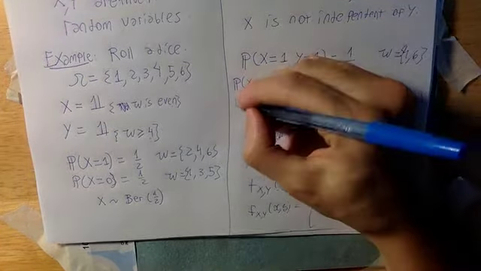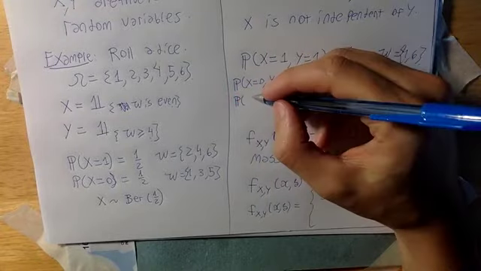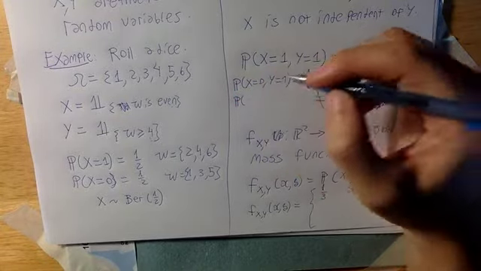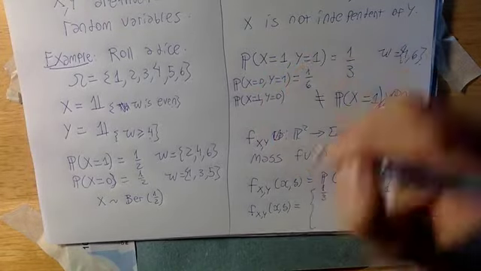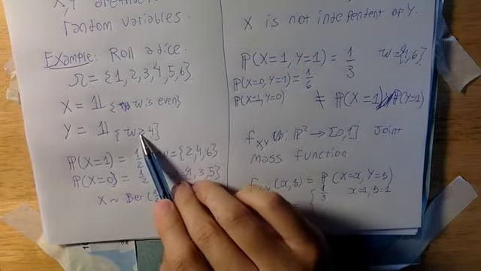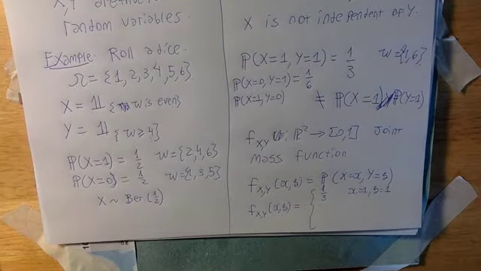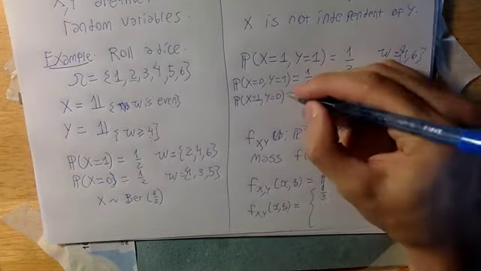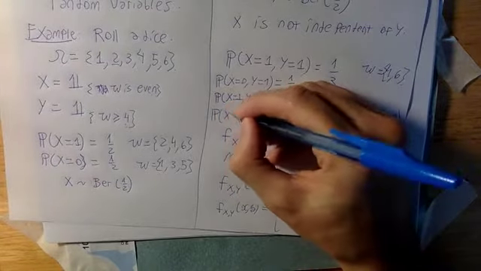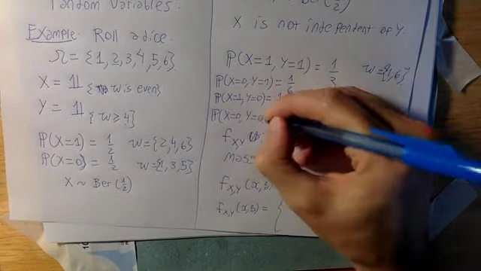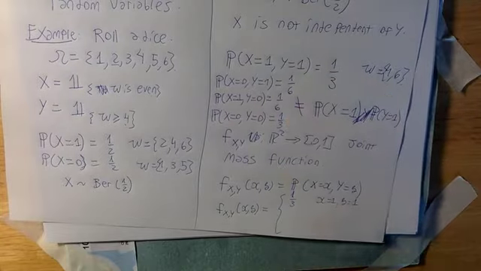Now the probability that X is equal to 1 and Y is equal to 0. Here we have that the number is less than 4 and it's even, so it's also again just 1/6, and the probability that X is equal to 0 and Y is equal to 0 has to be again 1/3.